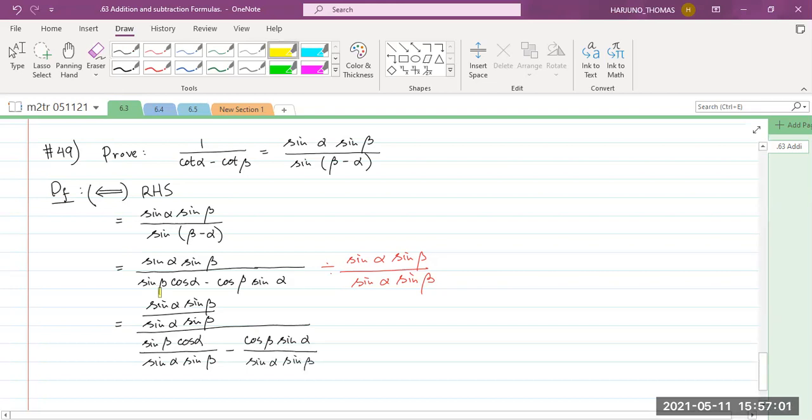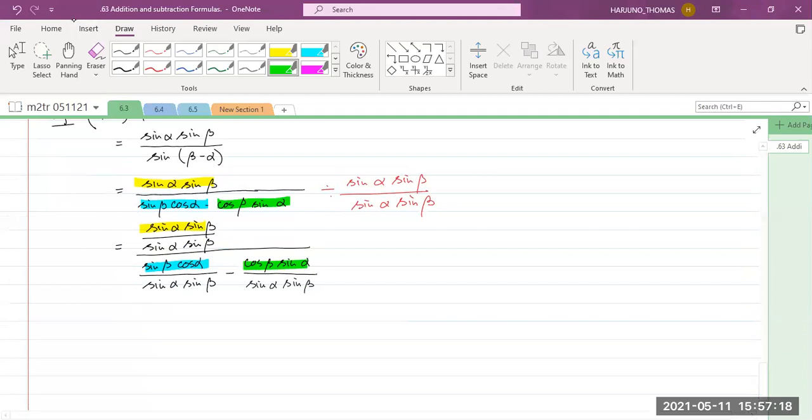Each one of them is divided by sine alpha sine beta.